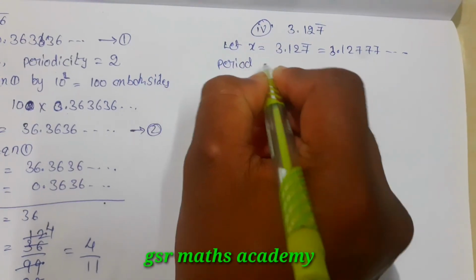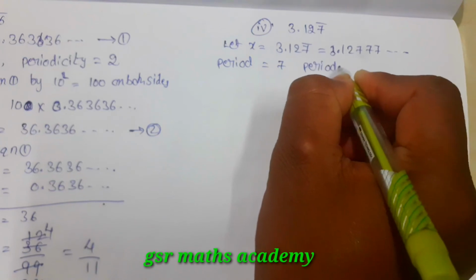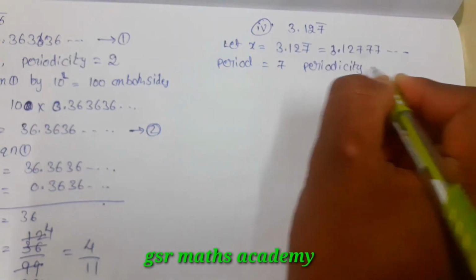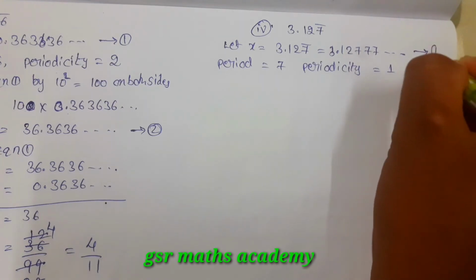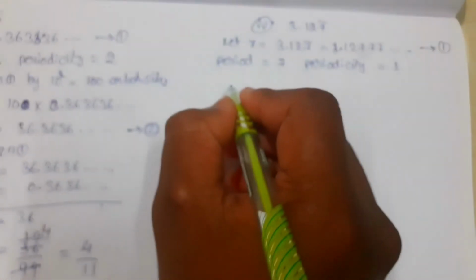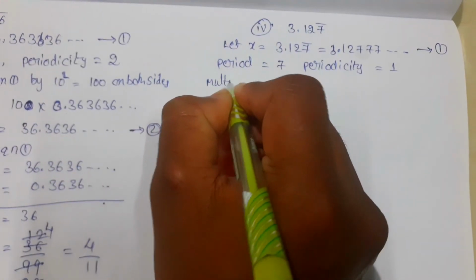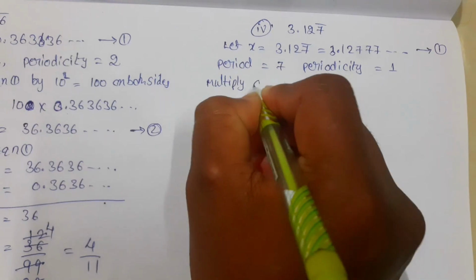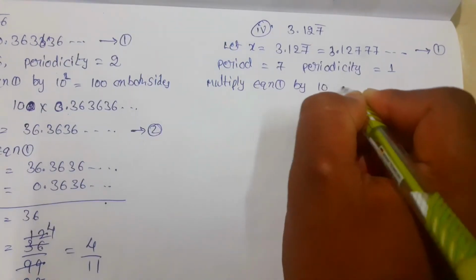Period is 7. Periodicity is 1. As periodicity is 1, equation 1 should be multiplied by 10 to the power of 1, that is 10. So multiply equation 1 by 10 on both sides.